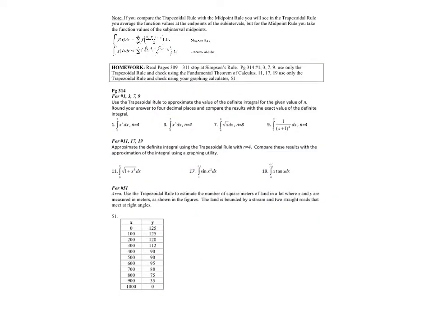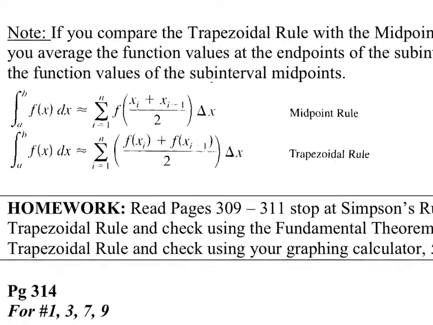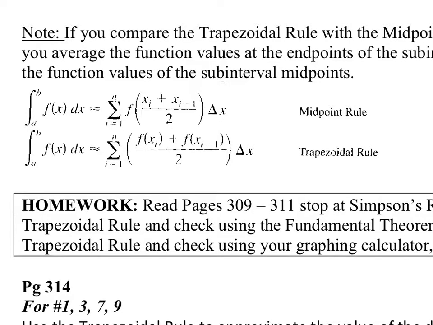So to wrap this up, I just want to make a comparison with the method we used before. If we did the midpoint Riemann sums, using the midpoint, that was this first formula here. And notice what we're doing there is we're averaging the x coordinates and then finding the y value of that. So right here, we're averaging x coordinates and finding the y value in the middle of the rectangle, okay?